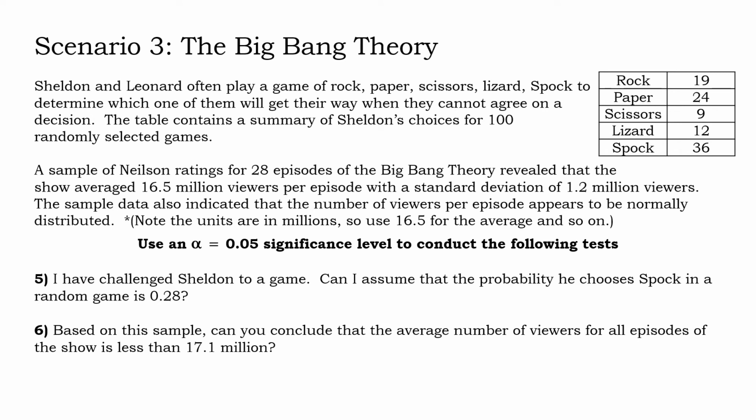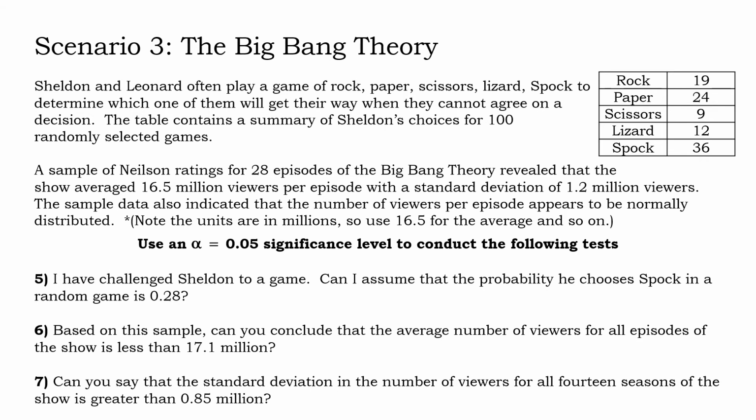We want to know if we can conclude that the average number of viewers for all episodes, so that's all 14 seasons, is less than 17 million viewers per episode. And then we're going to make a decision about the standard deviation in the number of viewers for all 14 seasons. So we're going to use this information to test these 3 theories.